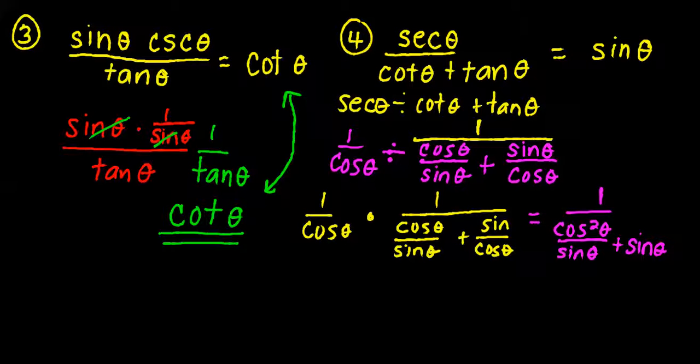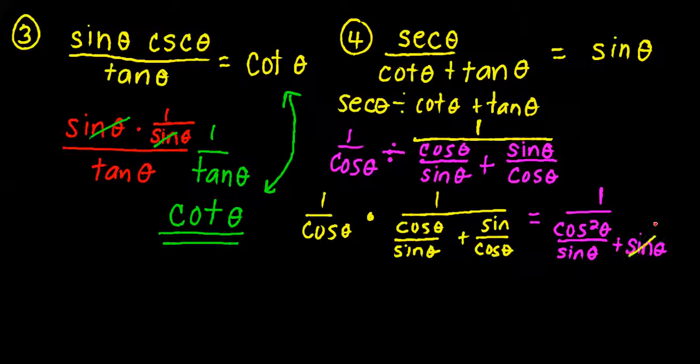All right. Now what I'd like to do is take this new expression and create a common denominator for the denominator. I'm going to take my sine and multiply it by sine over sine, so that I can add these two together.